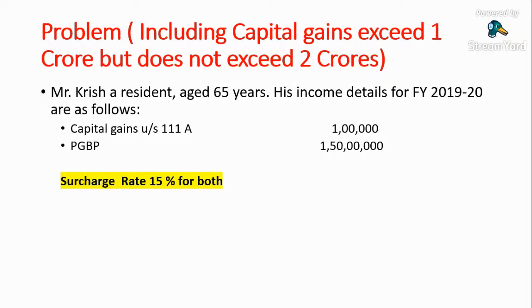Mr. Krish, a resident aged 65 years, has income details as follows: capital gains under 111A of 1 lakh, and PGBP of 1.5 crores. I think it's not a very difficult situation. You are between 1 to 2 crores, which means the surcharge will be 15% for both. So the only thing we need to do is check the answer for this question.